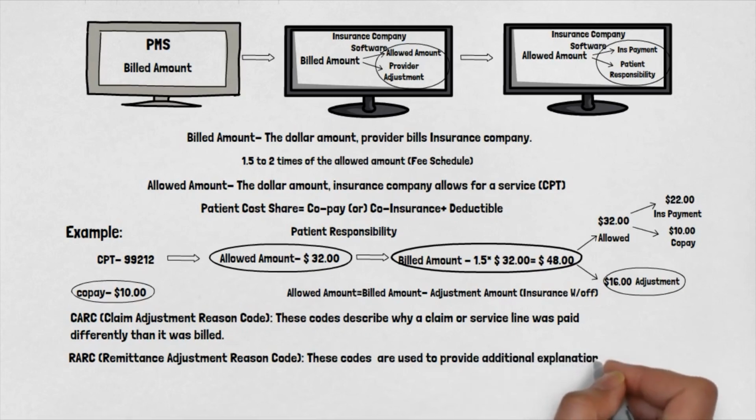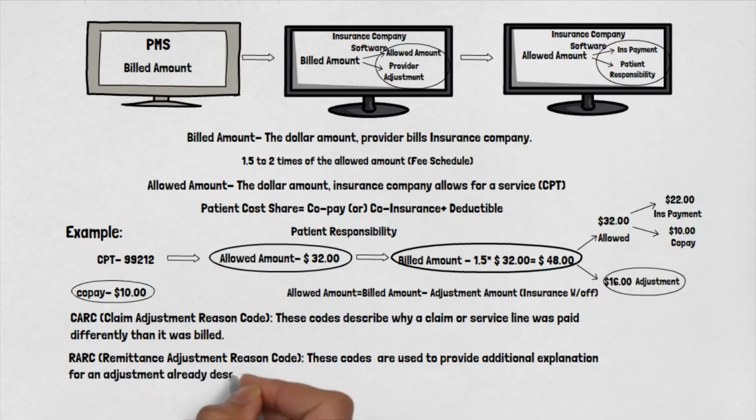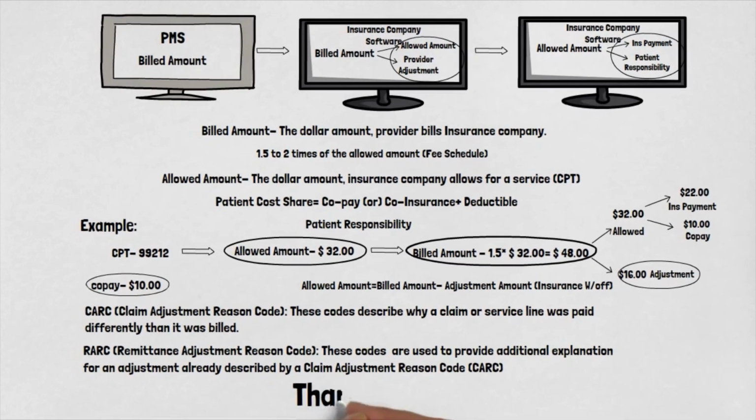Now the next one is RARC, which is Remittance Advice Remark Code. These codes are used to provide additional explanation for an adjustment already described by a CARC.